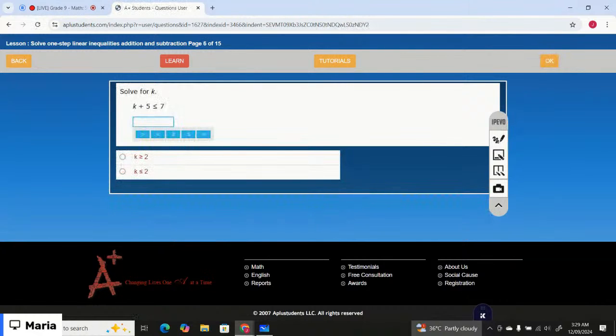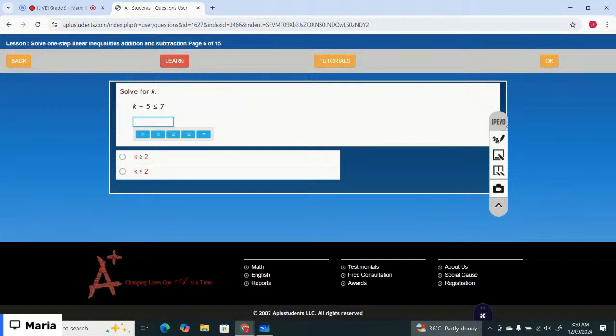Solve for K, which is the correct option. Option number 2 is the correct option.